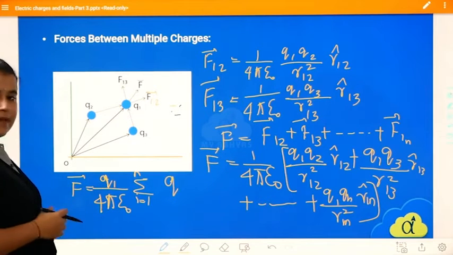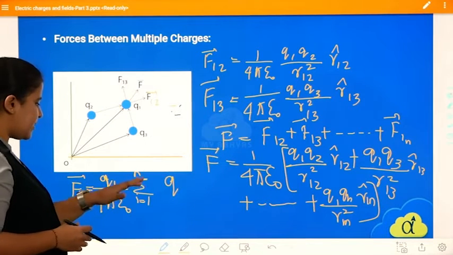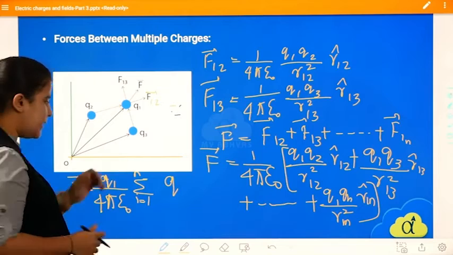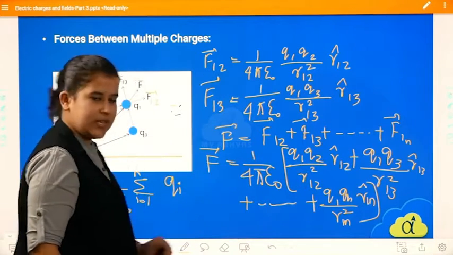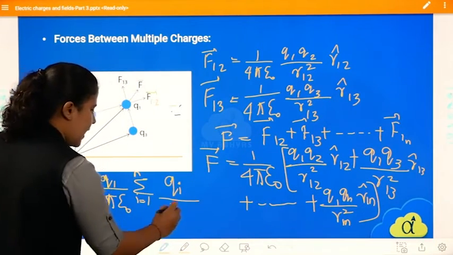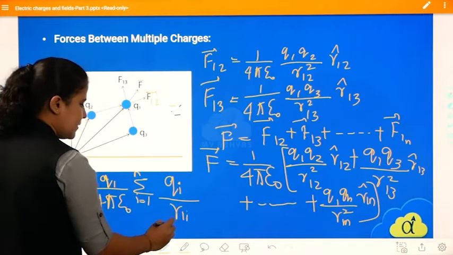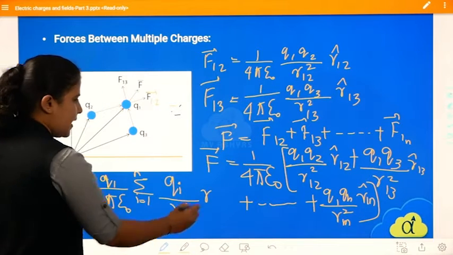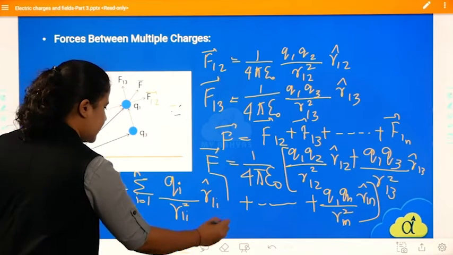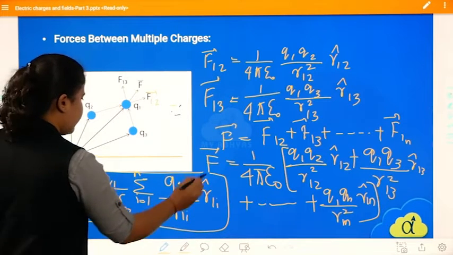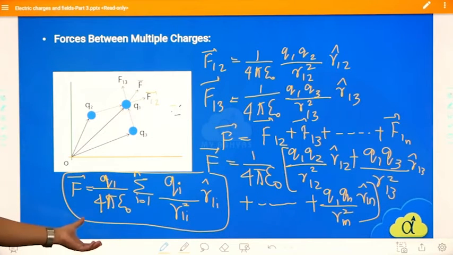So Q1 divided by 4 pi epsilon naught, summation of i equal to 1 to n, Qi, which is the changing charge, divided by R1i square into R1i cap. So this is the formula for the force between the multiple charges.